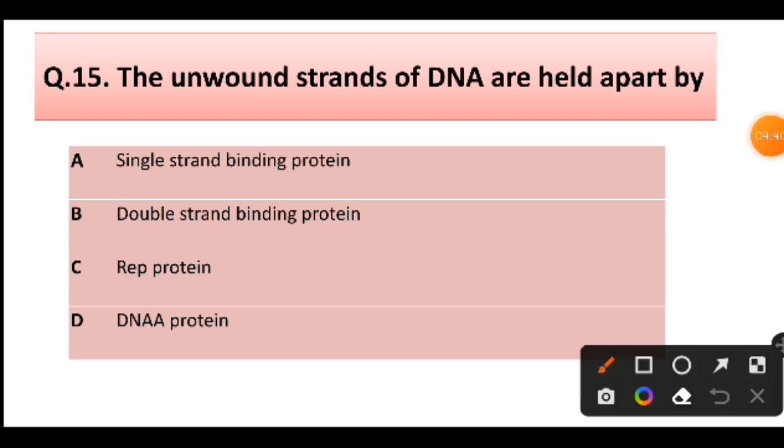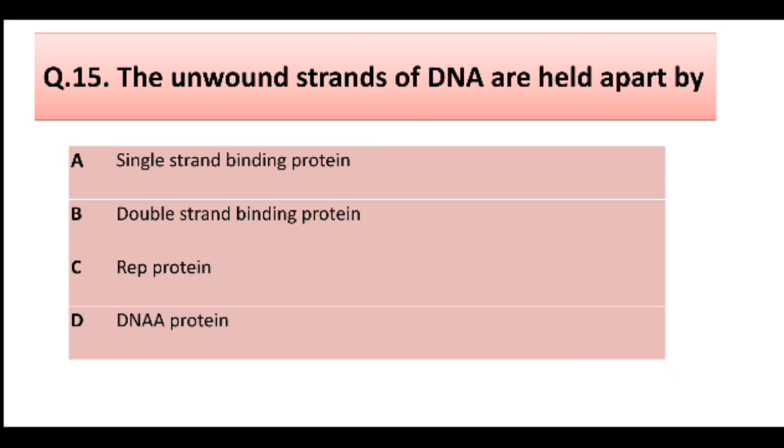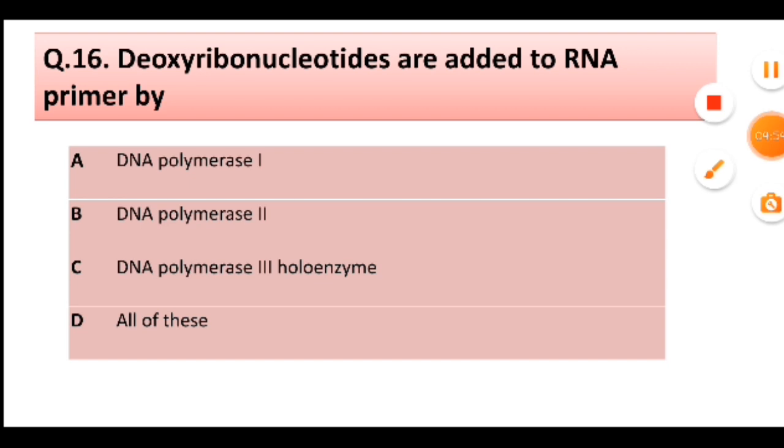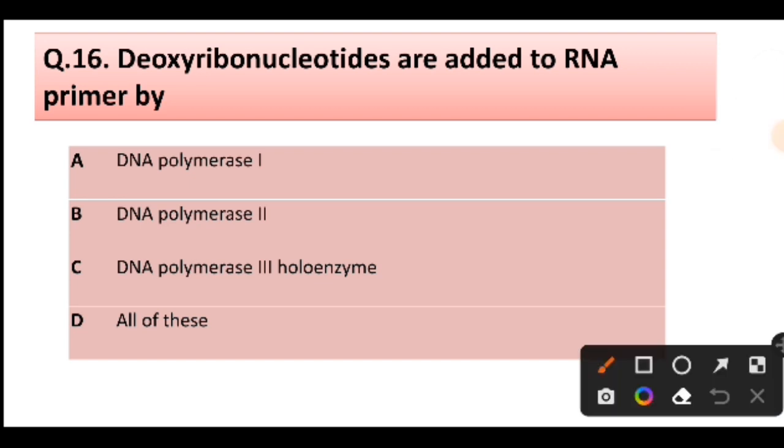Question 15. The unbound strands of DNA are held apart by single strand binding protein, double strand binding protein, Rep protein, DnaA protein. Correct answer is option A, single strand binding protein. Question 16. Deoxyribonucleotides are added to RNA primer by DNA polymerase 1, DNA polymerase 2, DNA polymerase 3 holoenzyme, all of these.